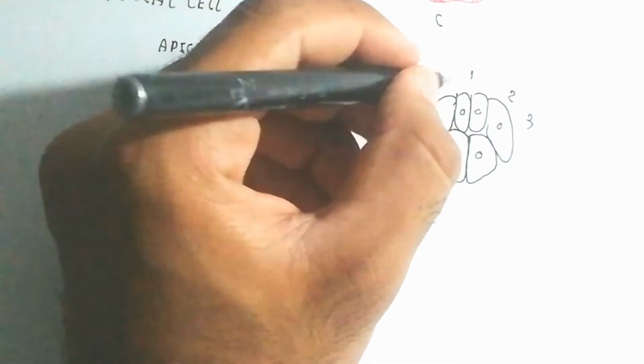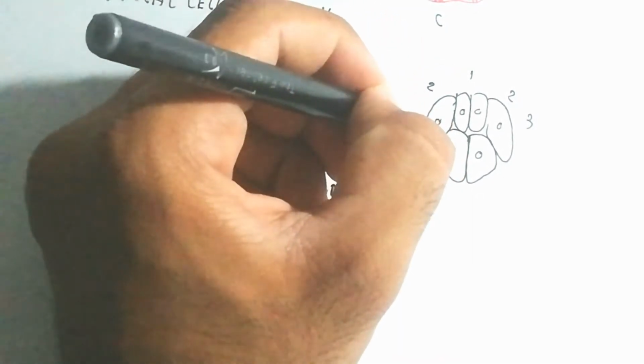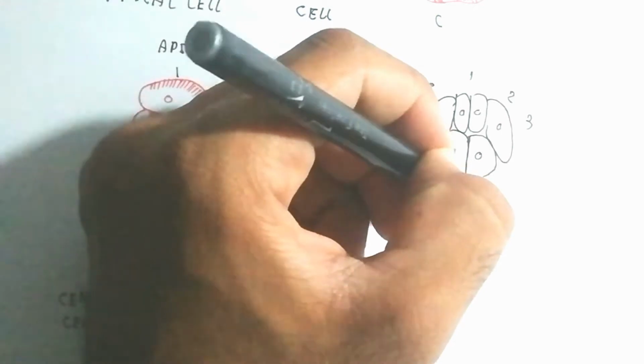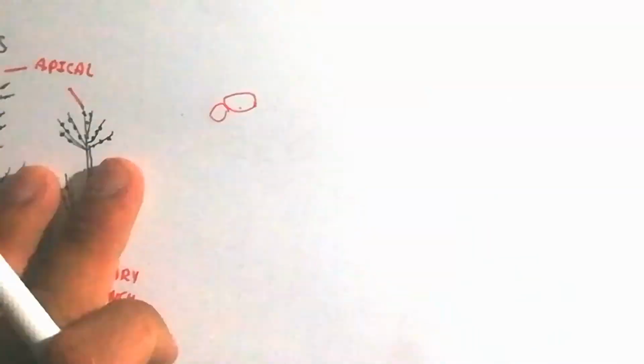So here we will talk about the cell arrangement, 1, 2, 3, and the other side is also the same.